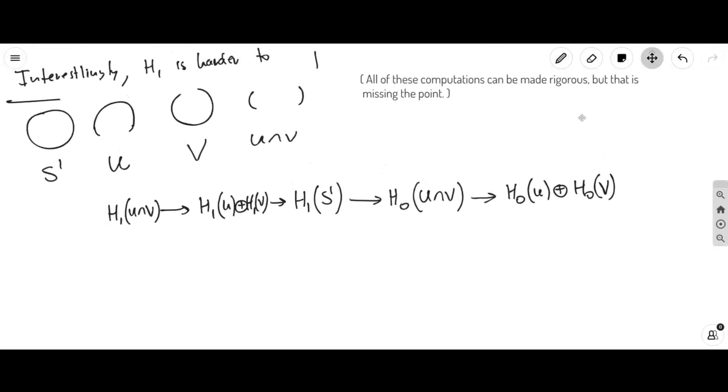So now let's begin calculating what these groups are. H0 is the number of components. So you have two components.